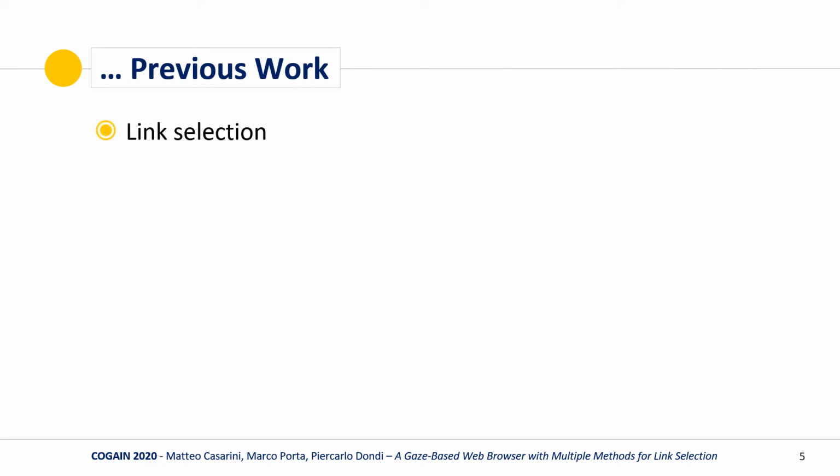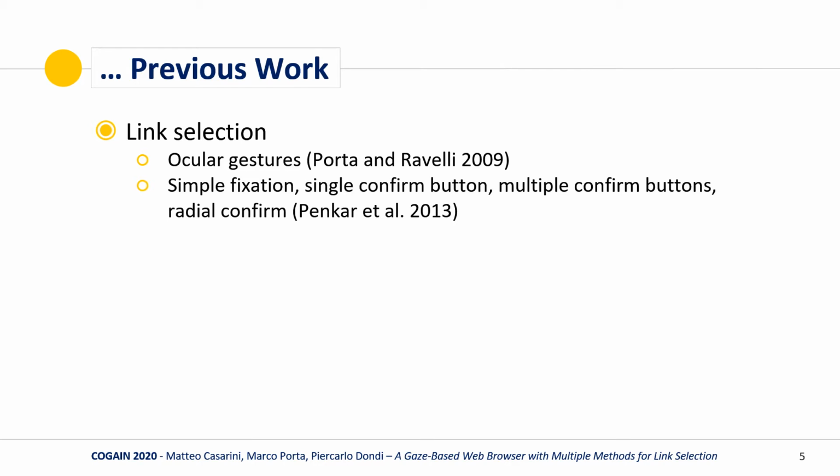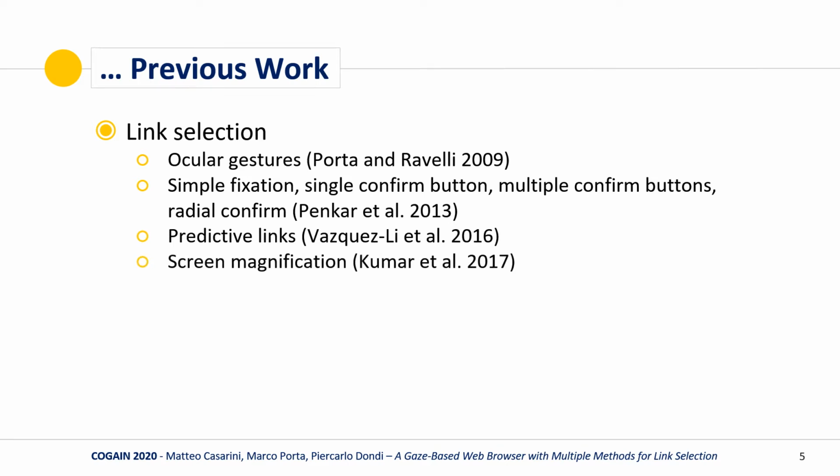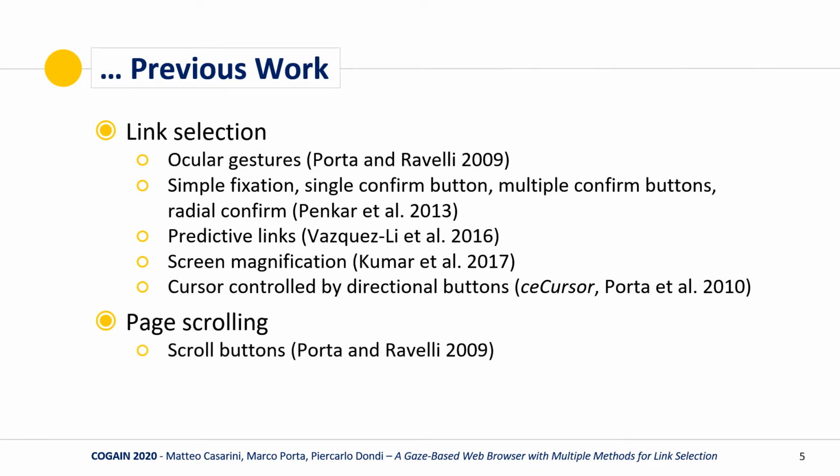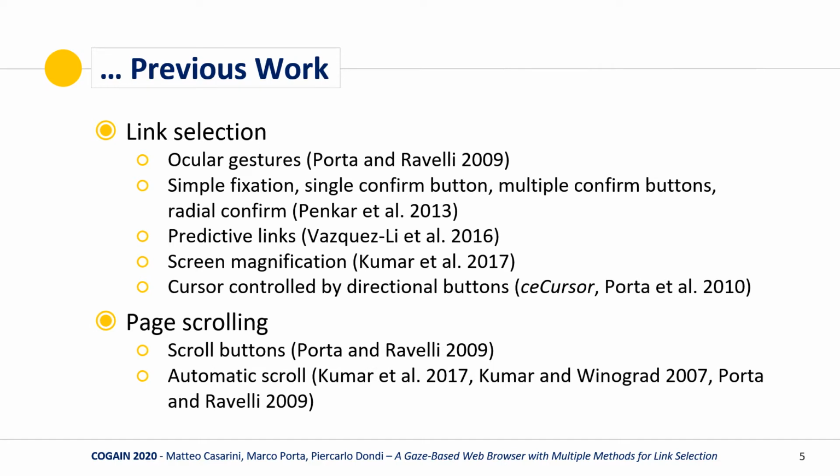Typical solutions for link selection are the use of ocular gestures, other solutions based on confirmations through buttons, predictive links, magnification techniques, and a cursor controlled by directional buttons. For page scrolling, the problems are less relevant, and typically the operation is carried out by means of scroll buttons and automatic scroll depending on where the user is looking at.